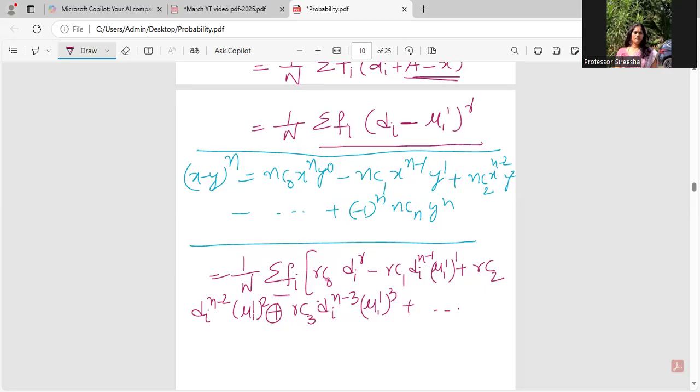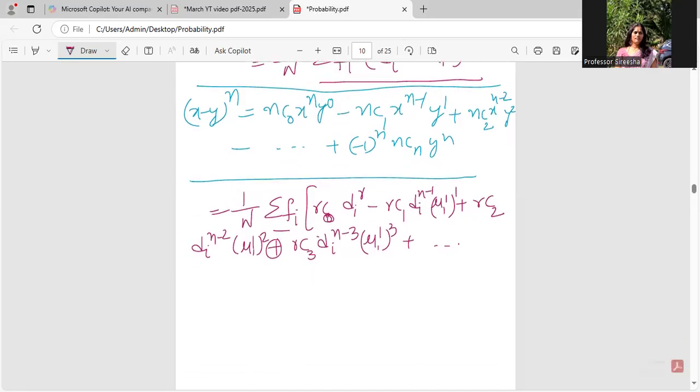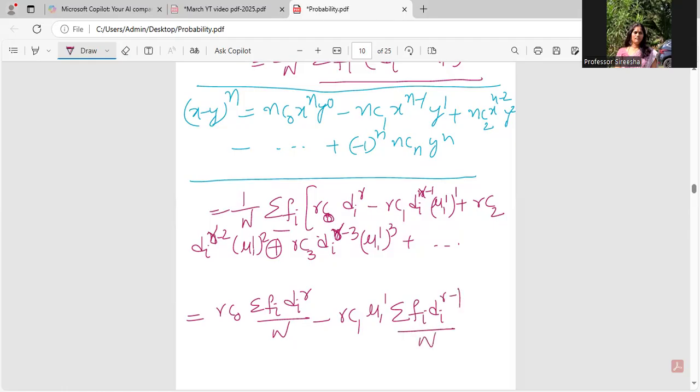Now, let me separate the terms. Let's see what happens. 1 by n is there: rC0 summation f i d i power r by n, minus rC1 mu 1 prime, which is again a constant that doesn't have anything to do with i, times summation f i d i power r minus 1 by n, and it goes on and on.